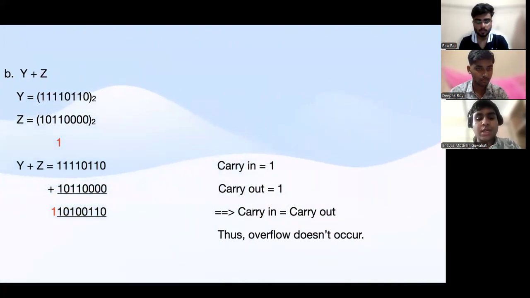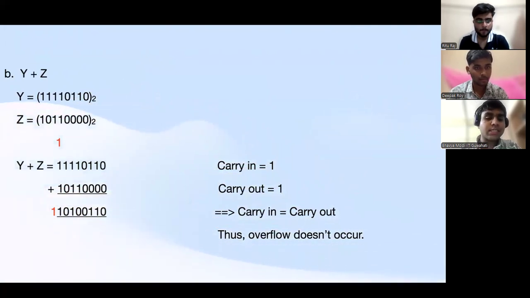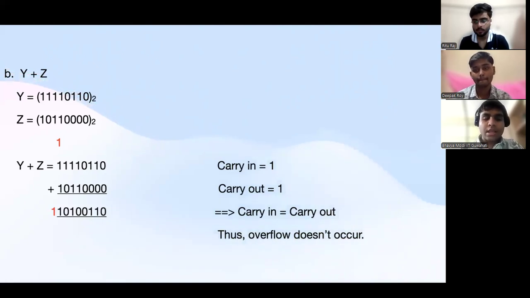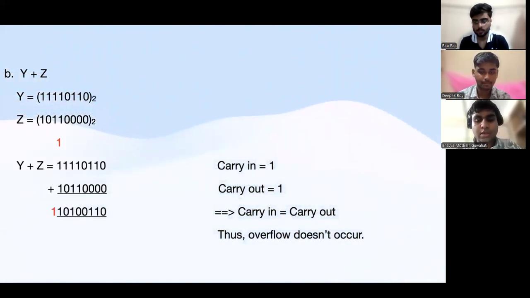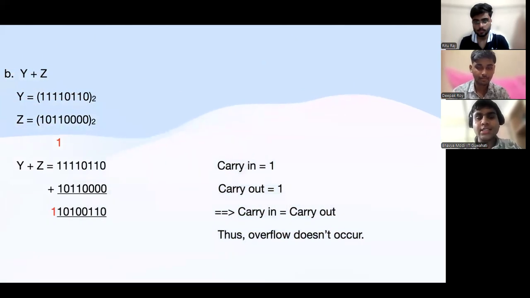As we have seen before, 1 plus 1 is 1 0, so 0 here and 1 is carried. So 1 plus 1 plus 1 is 1 1. Again 1 is here, 1 is carried, 1 plus 1 plus 0 is 1 0, 0 is here, 1 is carried, and 1 1 1 is double 1. Here we can see the carry in is 1 and the carry out is also 1. So in this case, carry in is equal to carry out, so overflow doesn't occur.